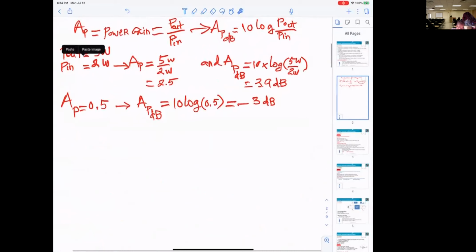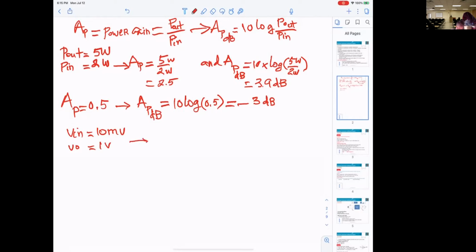Okay? So now, if I get V in 10 millivolt, V out 1 volt, I need to calculate the AV.